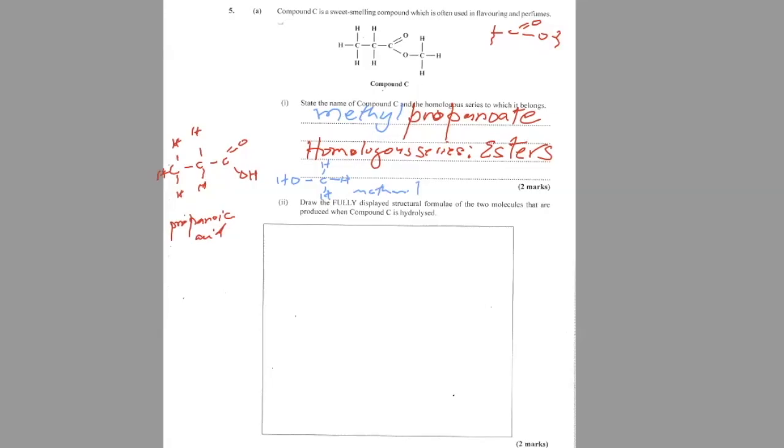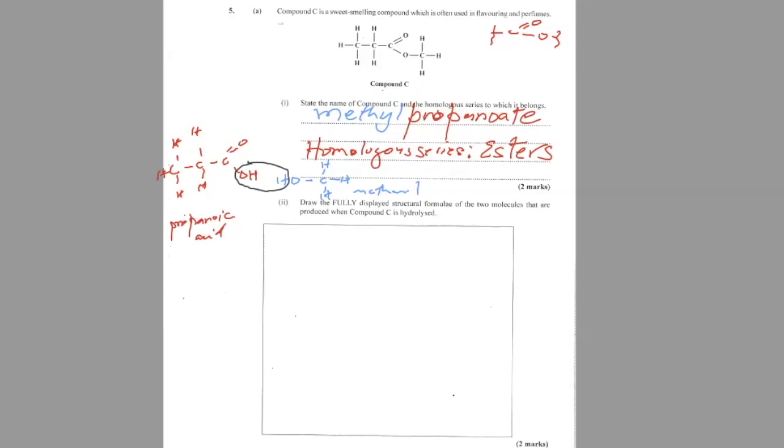But I just want us to look at how we get the joining, how we get them forming the ester bond. Under the right conditions of heat, acid catalyst, and under reflux, we would have the OH from the COOH functional group of the acid going with the H from the alcohol.